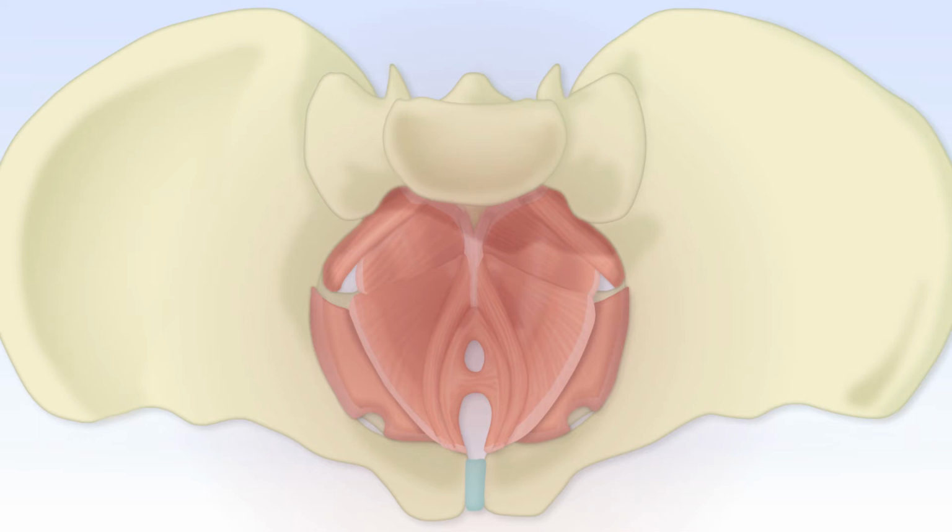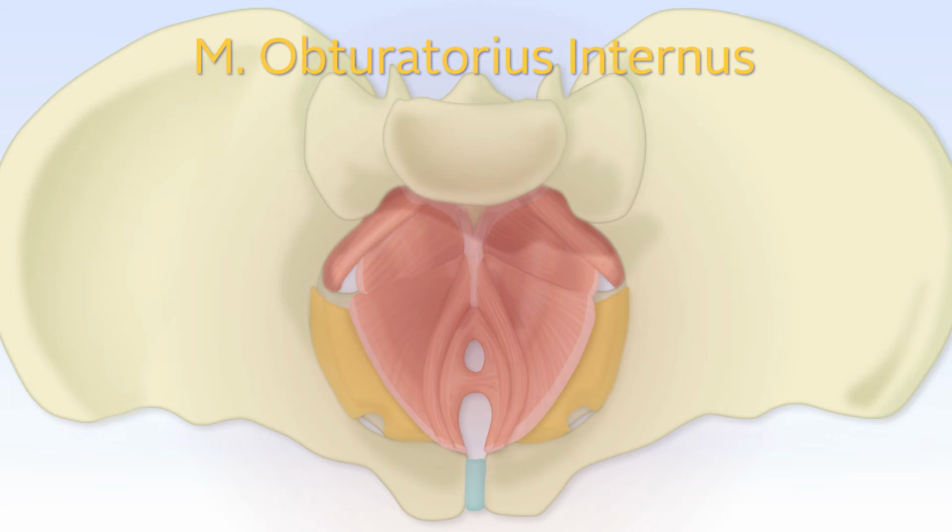The deep layer of the pelvic floor muscles comprise levator ani, consisting of puborectalis, pubococcygeus, iliococcygeus, and coccygeus. Also present in the pelvic cavity, but not belonging to the pelvic floor muscles, are piriformis and obturator internus.